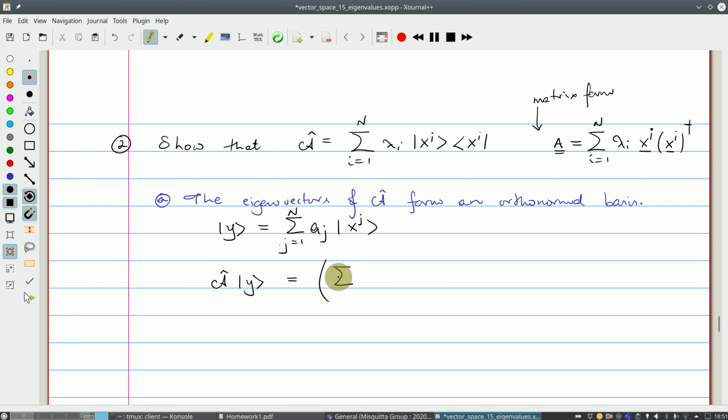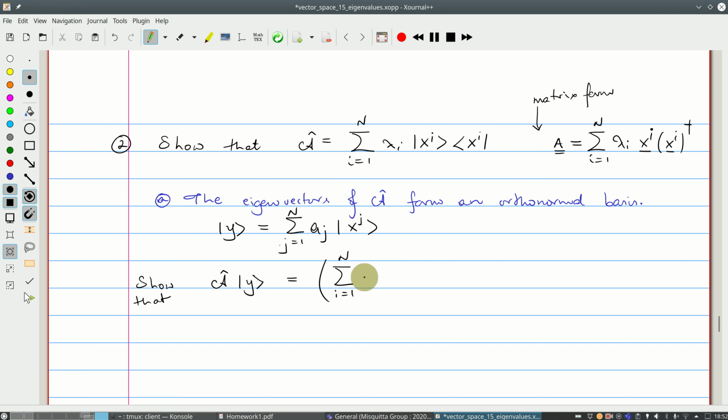Okay, so what I want to show now is that if I replace A with the right hand side, then I get the same result. And if this result holds for any vector y, which is written in this form, because this is the general form, then it holds in general. Therefore, we will have an identity.